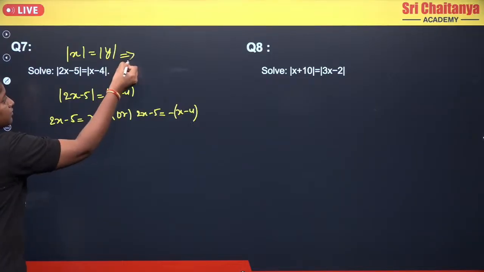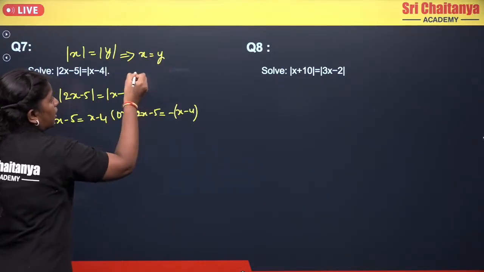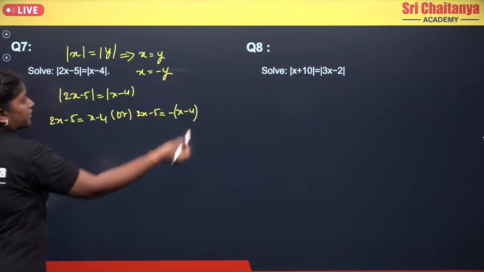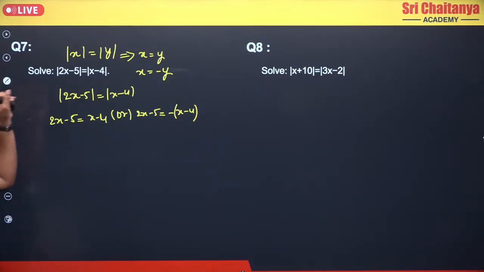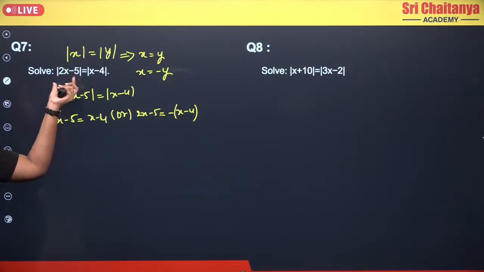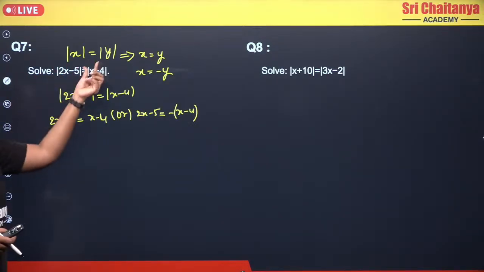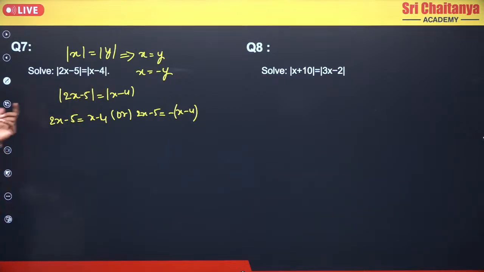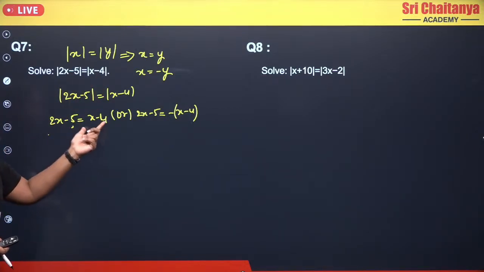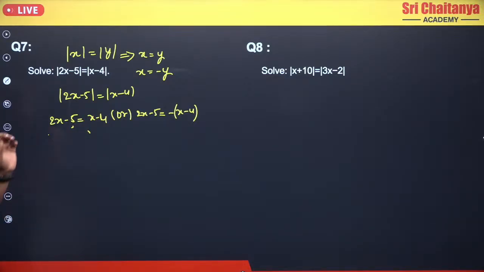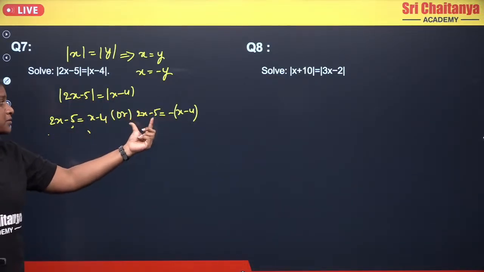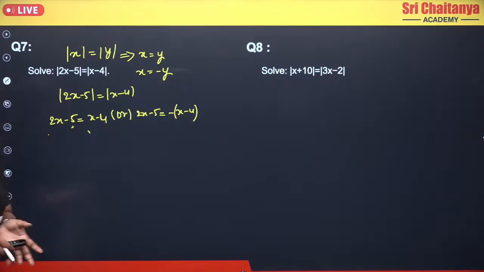So using the equality we will get x equals plus y or x equals minus y. Here x is 2x minus 5 and y is x minus 4. So 2x minus 5 equals plus of x minus 4, or 2x minus 5 equals minus of x minus 4.